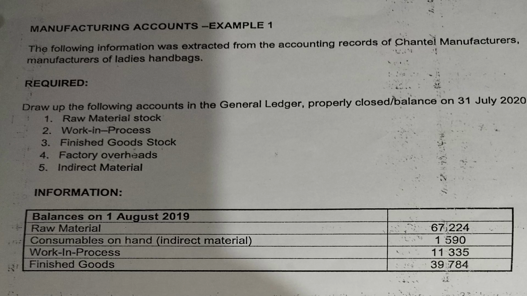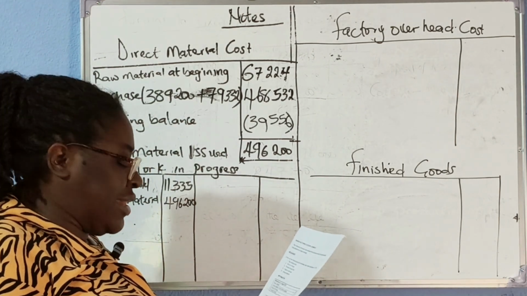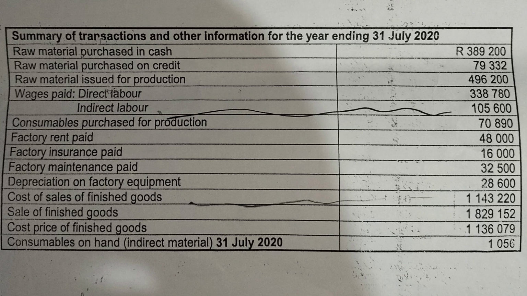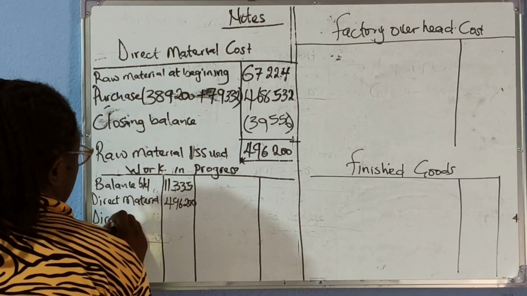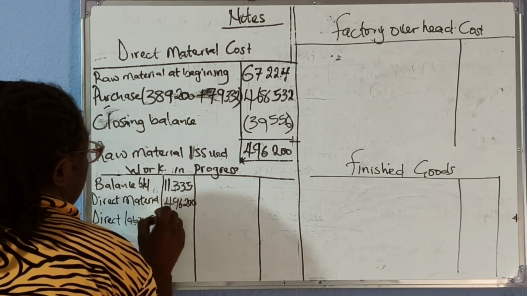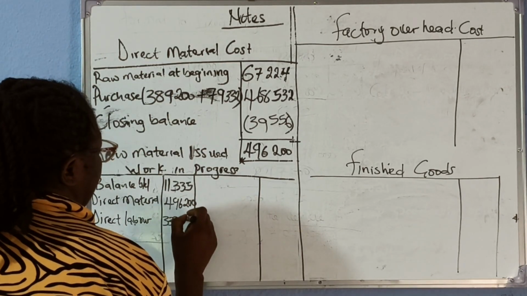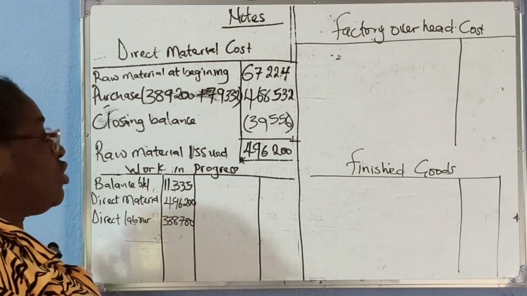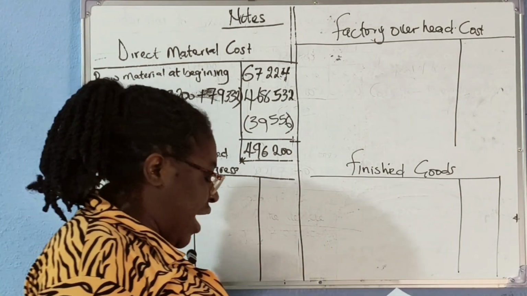And of course, we were given the wages for our direct labor as 338,780, which we are also going to put at the debit side of our work in progress. Direct labor, 338,780.